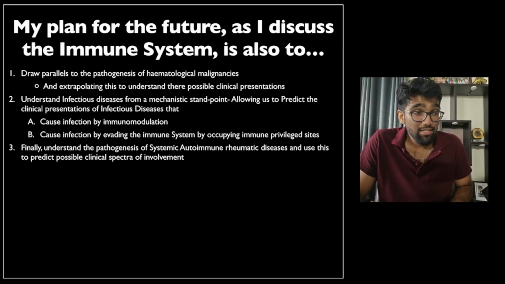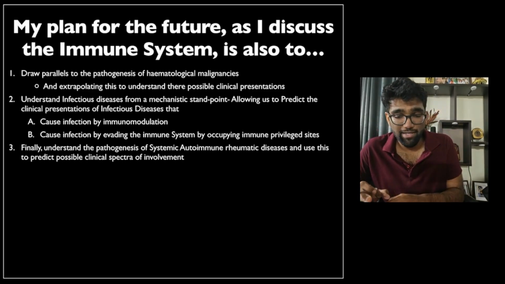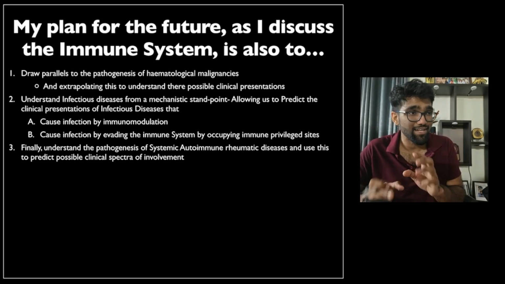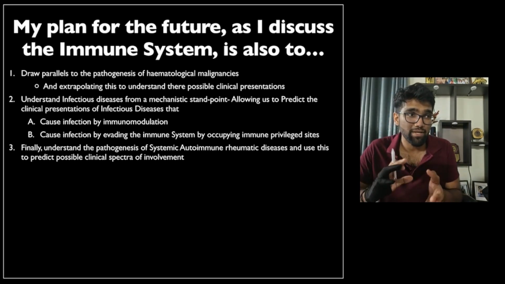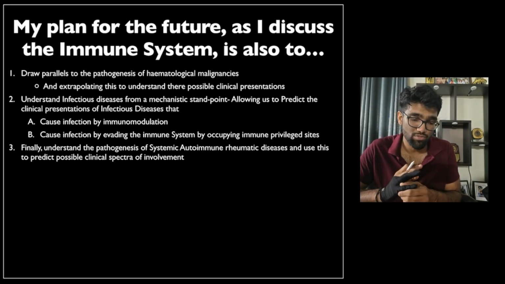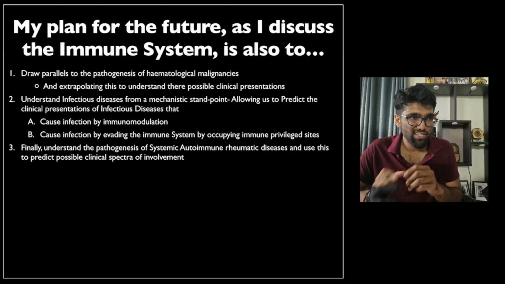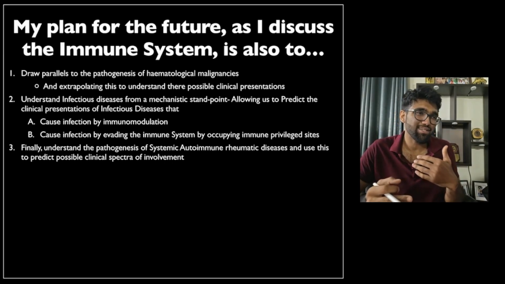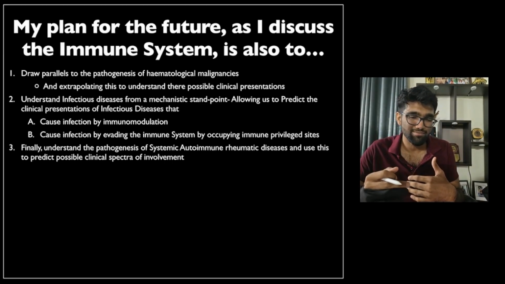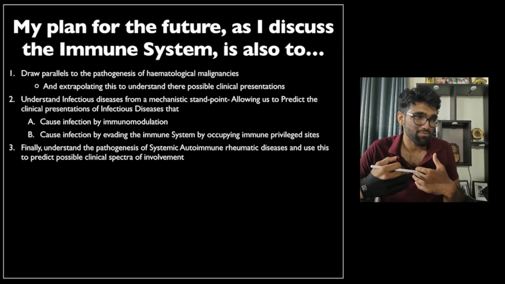Finally, we'll try to understand the pathogenesis of systemic autoimmune rheumatic diseases, and this will require a mechanistic, dynamic understanding of phase changes within the immune system. Okay, this is something where there are forward and backward feedback loops.